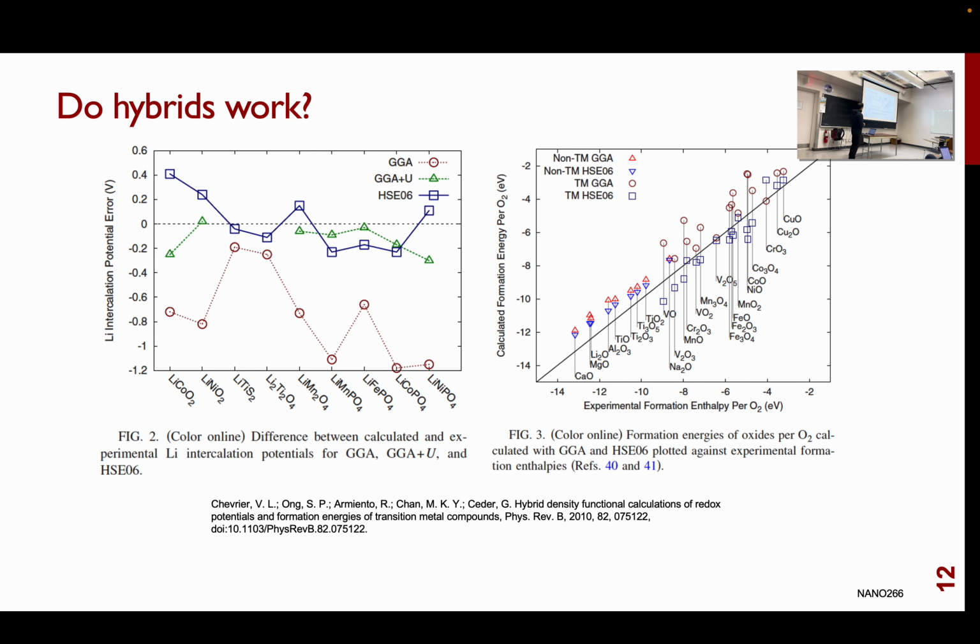But once we look at the transition metal oxides, then this is where HSE actually significantly outperforms the GGA functional in terms of predicting the oxidation energies of your transition metal oxide, okay?